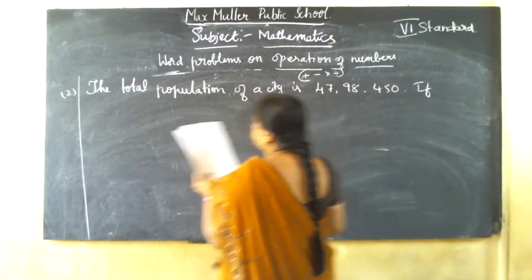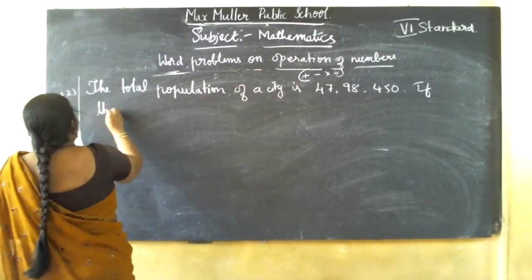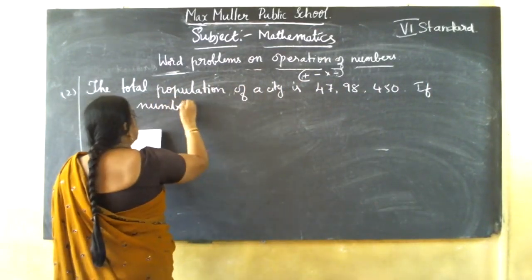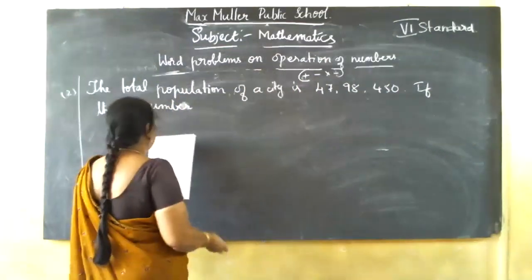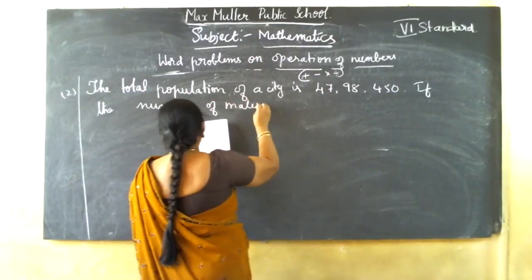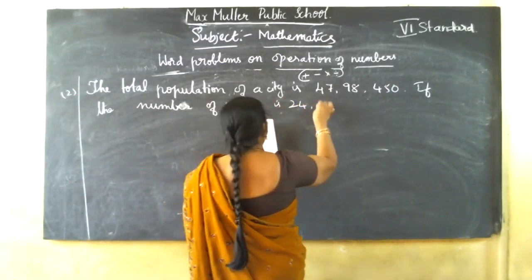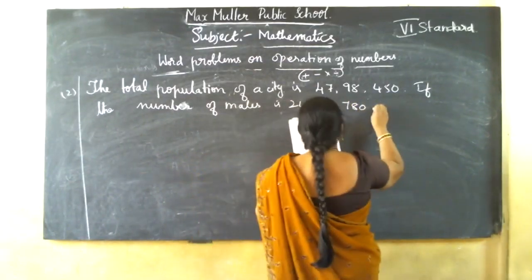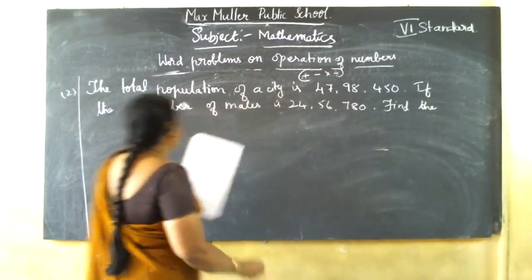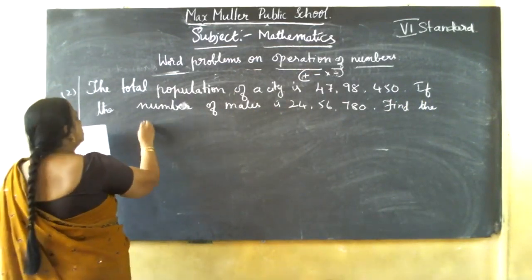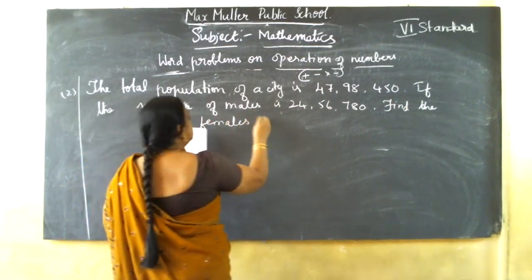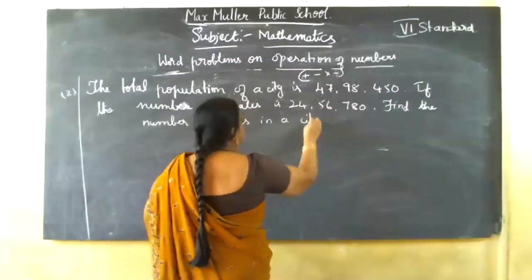If the number of males is 24,56,780, find the number of females in the city.